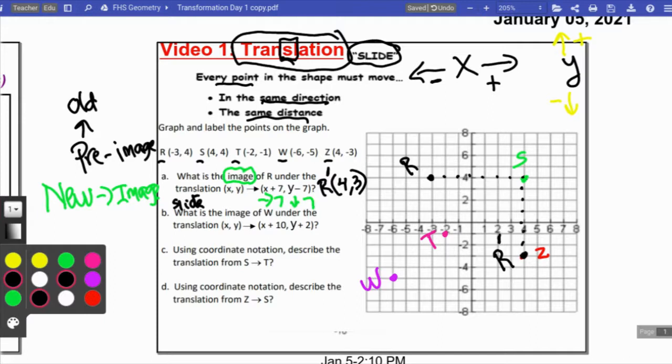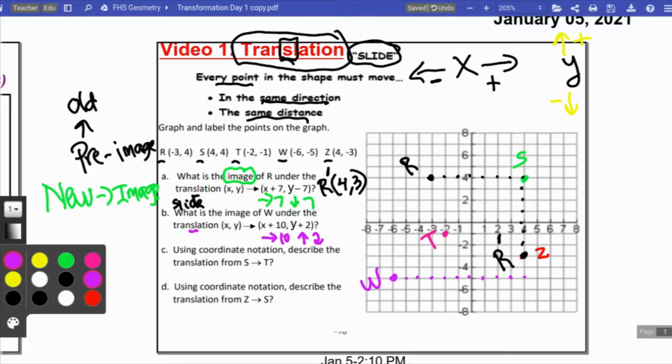All right, let's continue. Let's do the image of W, meaning the new point for W. All right, so W is this one right here. We're doing translation, so we're sliding it to the right 10 and up 2. Let's move it to the right 10. 1, 2, 3, 4, 5, 6, 7, 8, 9, 10.